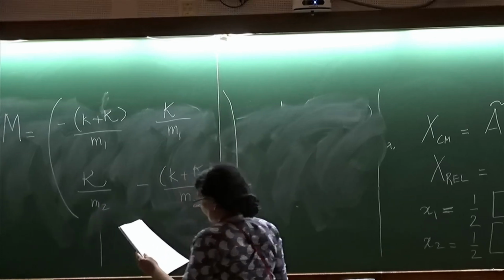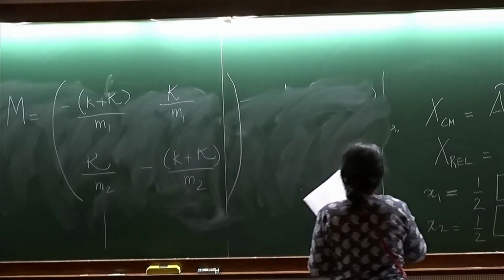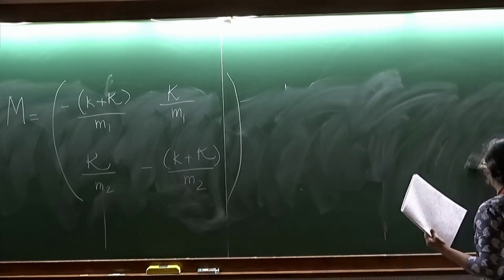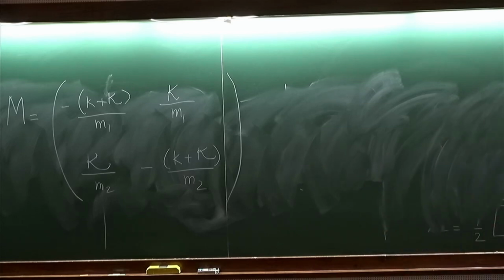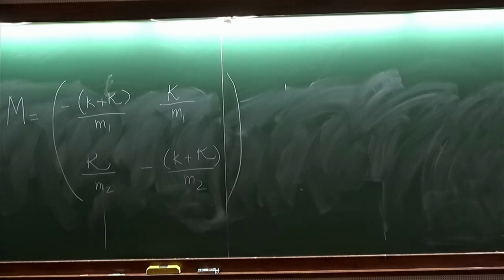Right? This is a 2 by 2 matrix, and we can write it in a succinct manner by using matrix notations, actually notations borrowed from quantum mechanics, which was introduced by Dirac. That makes things very simple and elegant.